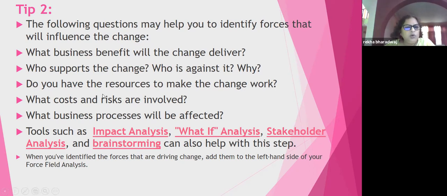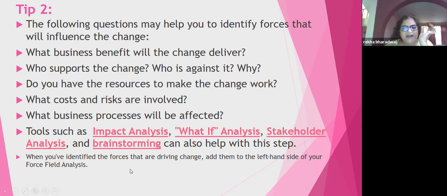So, do you have the resources to make the change work? What costs and risks are involved? What business processes will be affected? Tools such as impact analysis, what-if analysis, stakeholder analysis, and brainstorming can help with this step.